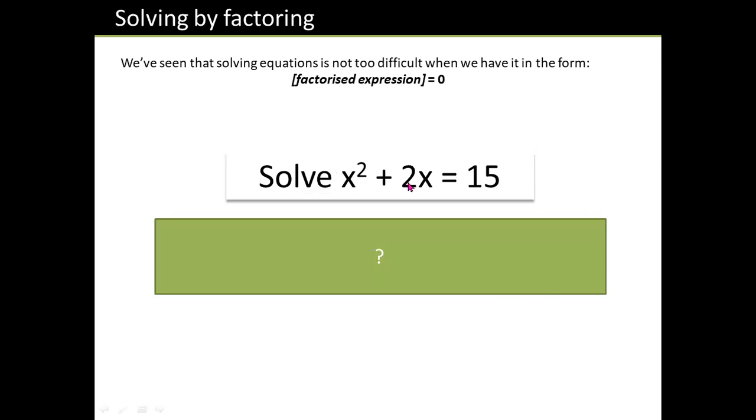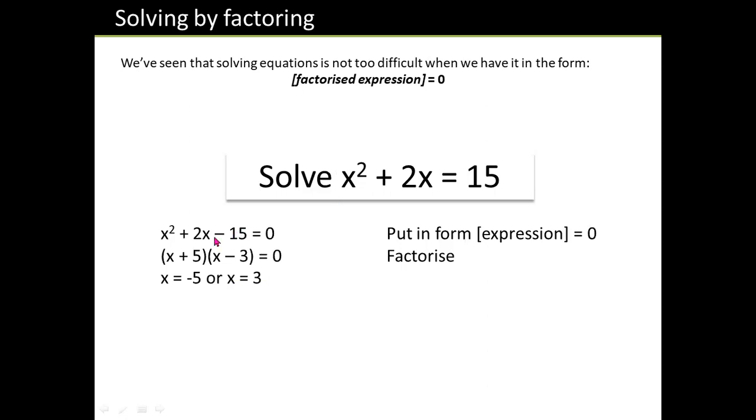Now take note here that before we factor it out, we should put the expression into equals 0. Okay, so that is why we have now x squared plus 2x minus 15 equals 0. Again, we should simplify further so that it will be equal to 0.